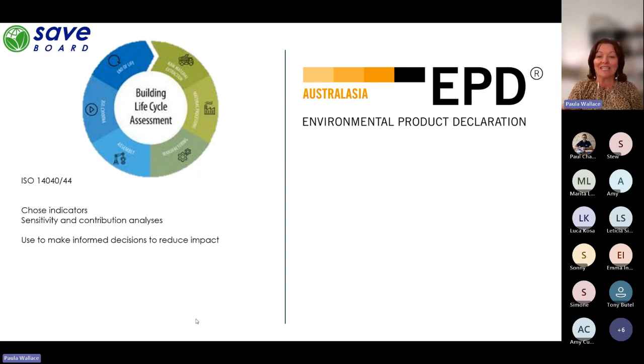The methodology decisions need to be made or selected, and also practitioners can model various scenarios or undertake a sensitivity analysis. The flexibility within these standards can lead to a lack of uniformity between life cycle assessments.